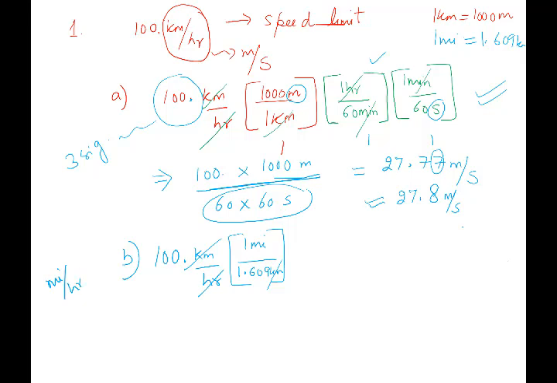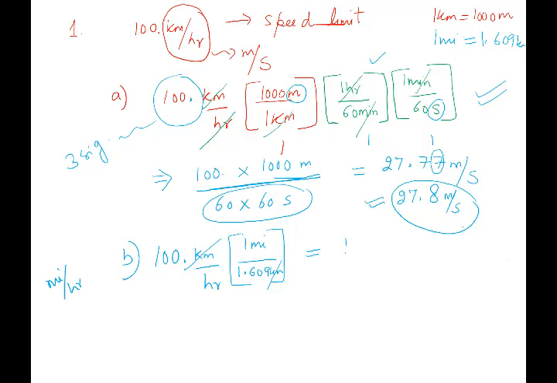Kilometers per hour into meters per second is still a sensible unit, but miles per second is a very small number, so we leave it in miles per hour. That's what we see in the odometer, and we don't have to convert the hour here, so I'll just leave the hour here, and we simply get 62 miles per hour.